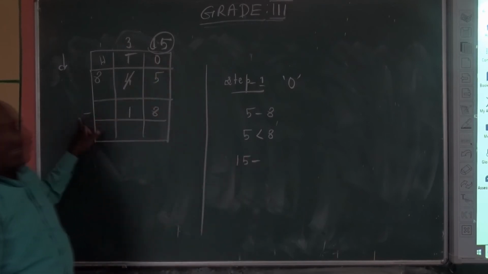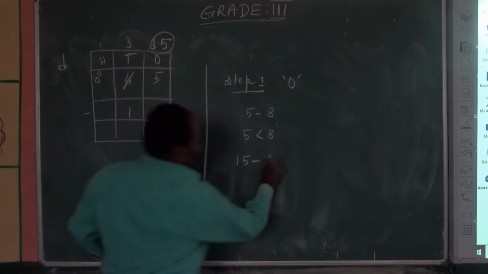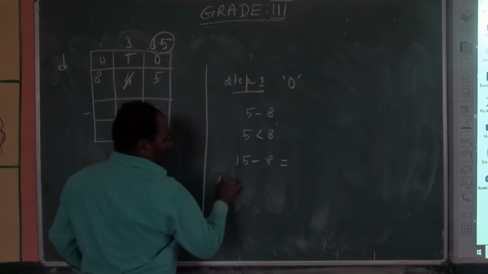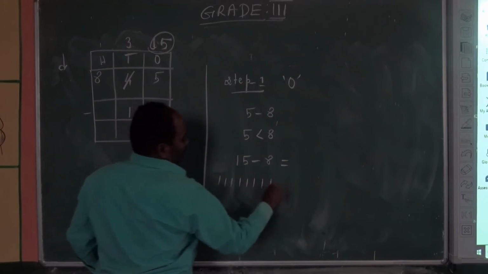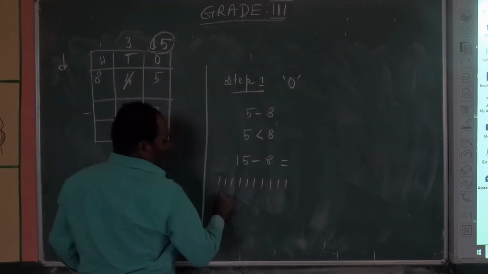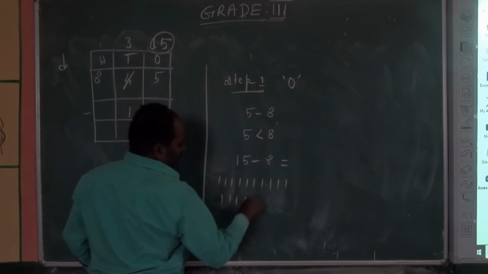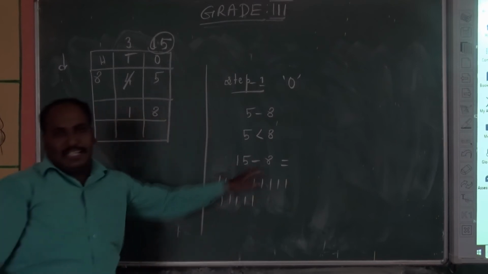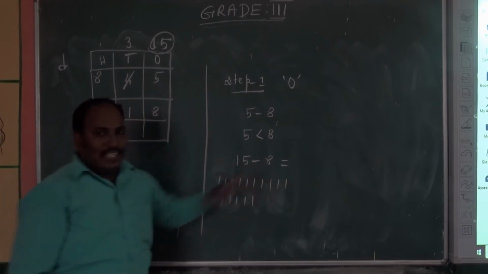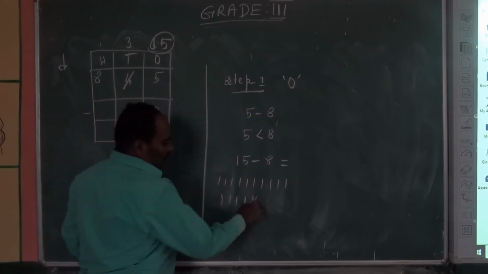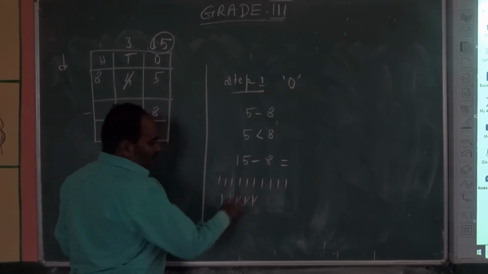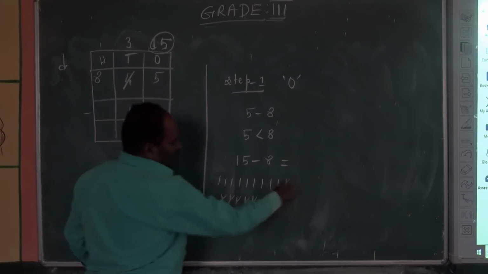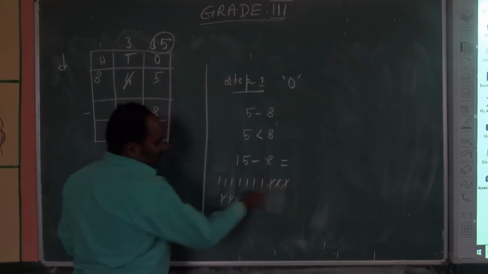15 minus 8 is equal to 1, 2, 3, 4, 5, 6, 7, 8, 9, 10, 11, 12, 13, 14, 15. 15 minus 8. We strike out the 8 lines. 1, 2, 3, 4, 5, 6, 7, 8.